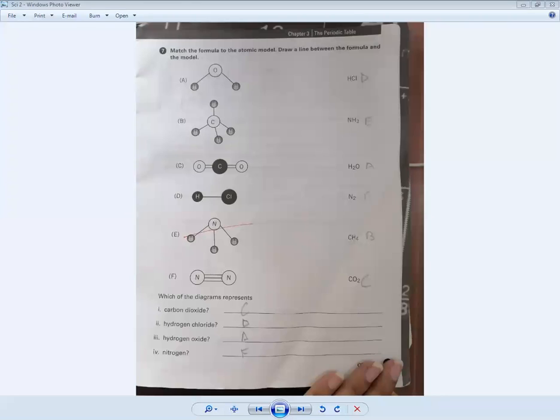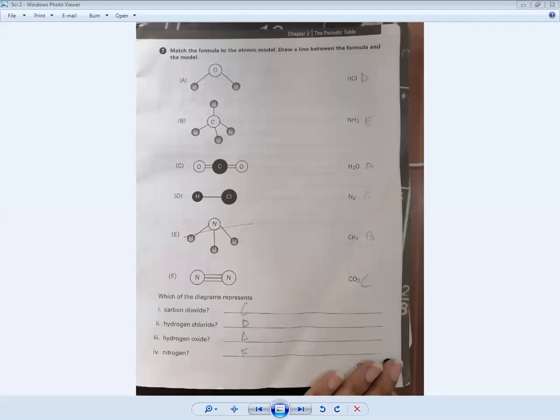Now come to the next part. Which of the diagrams represents? First is given carbon dioxide. Definitely we can find where the carbon dioxide gas is. So option C, it is matched with carbon dioxide. Second is where is the hydrogen chloride? You can see hydrogen chloride, this is option D. And number 3 is hydrogen oxide.